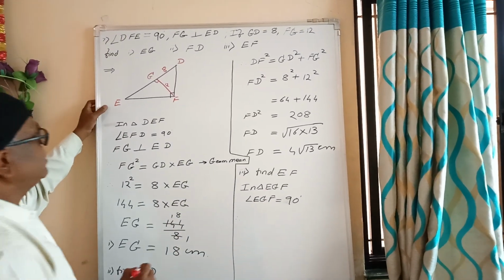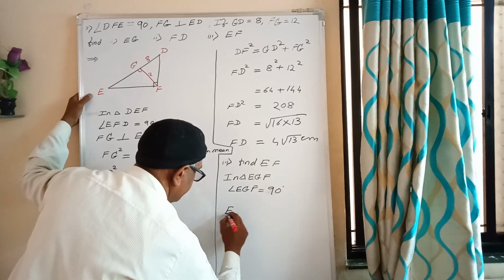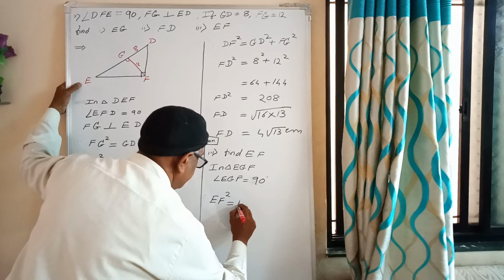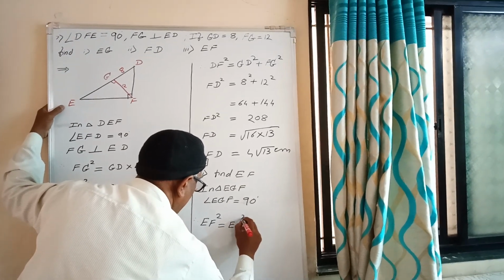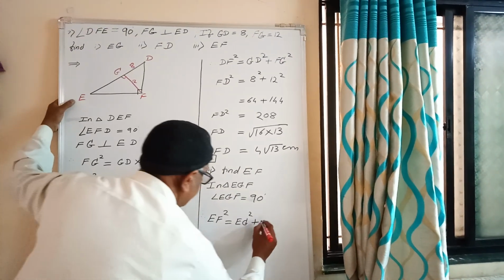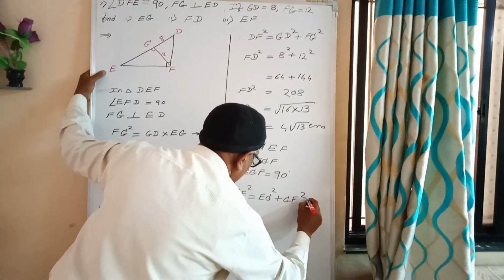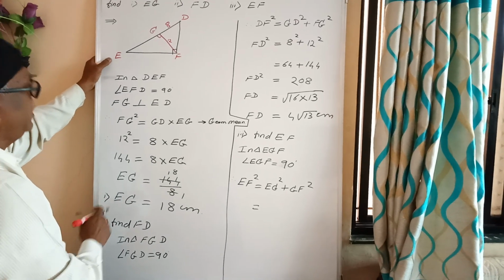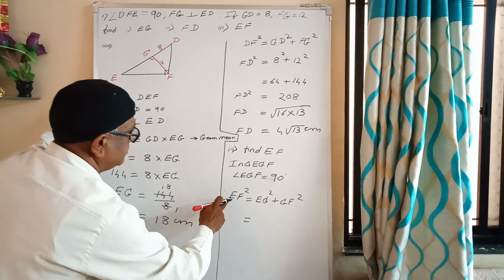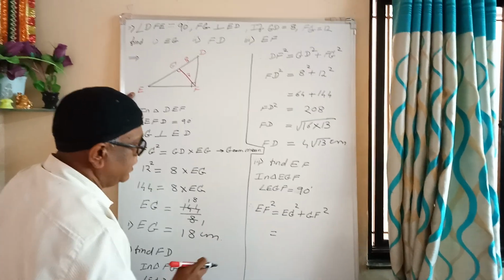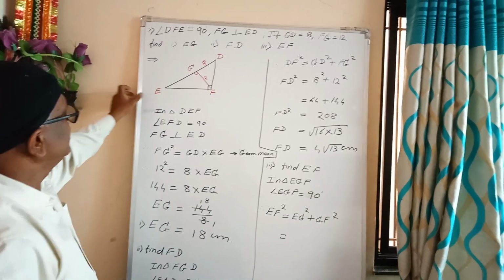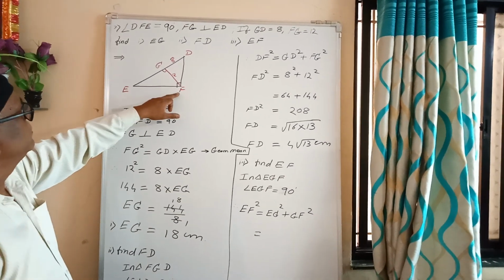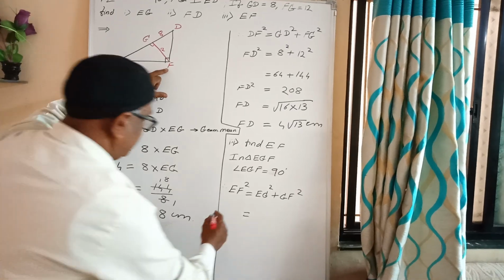Therefore, by Pythagoras, EF square is equal to EG square plus GF square. FG you are going to calculate. Now EF is what we are going to calculate.